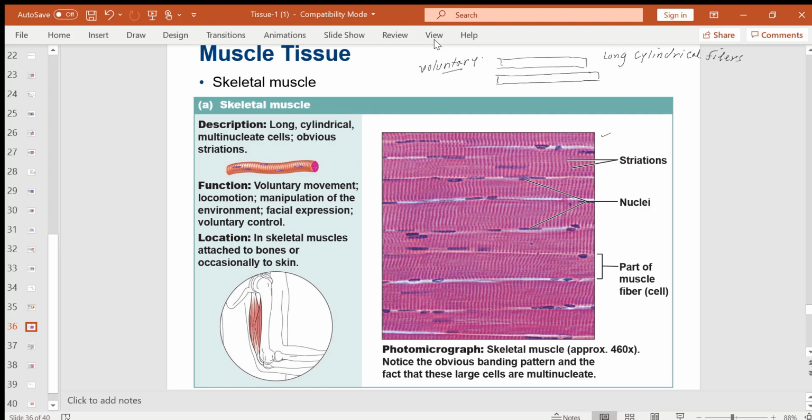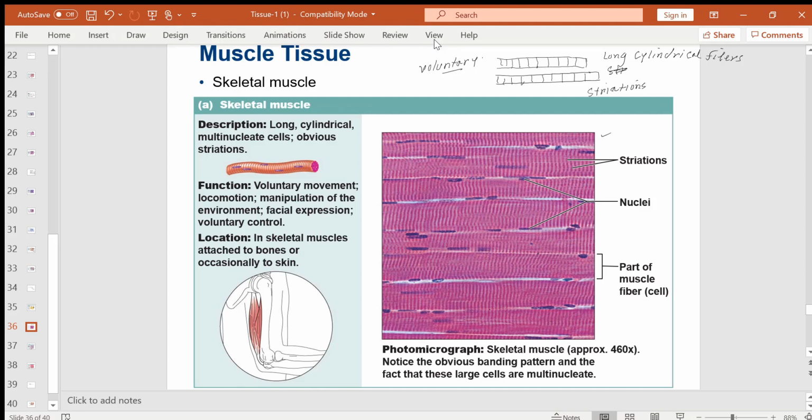And inside the muscle fiber you'll see lines called striations. So these are the striations, okay, inside the muscle fiber.